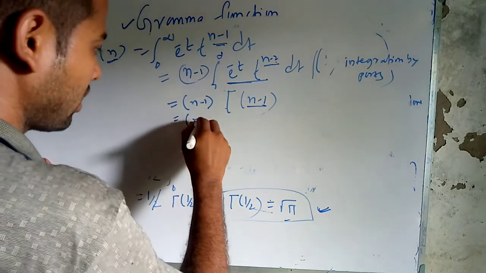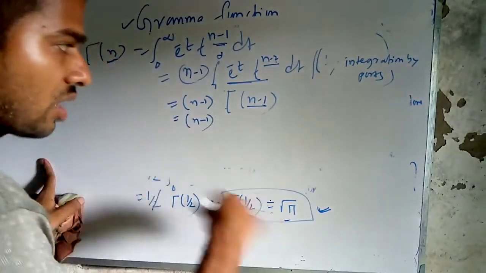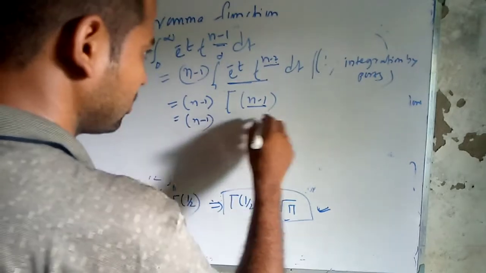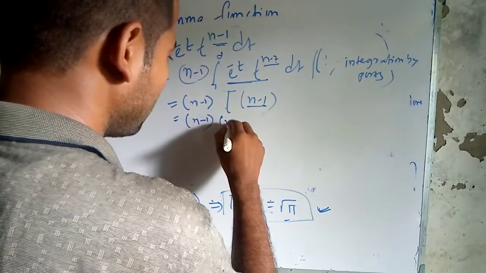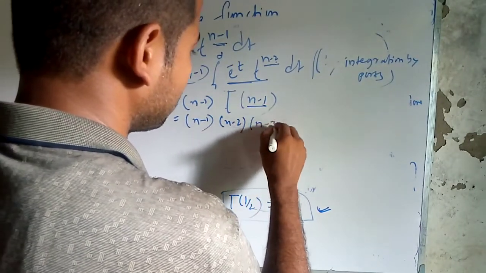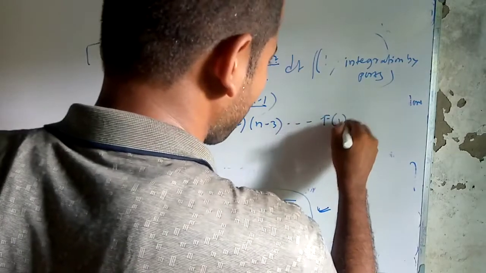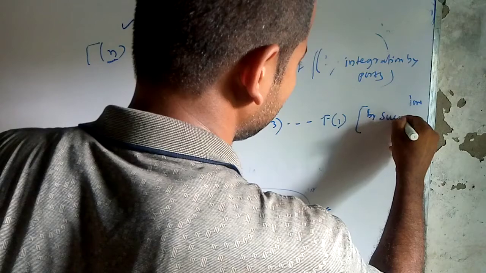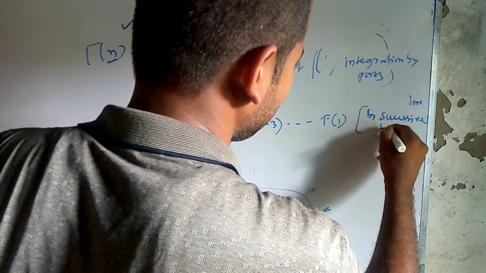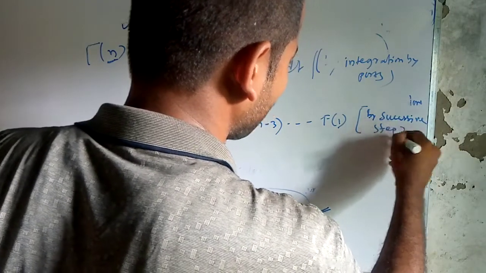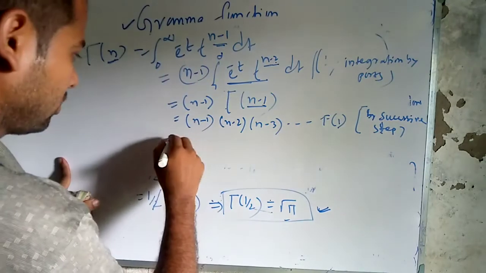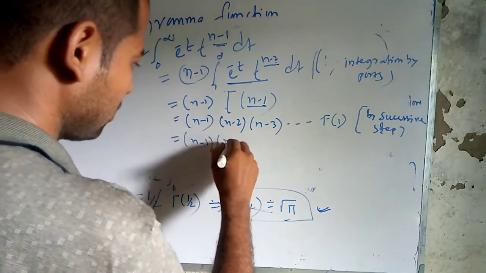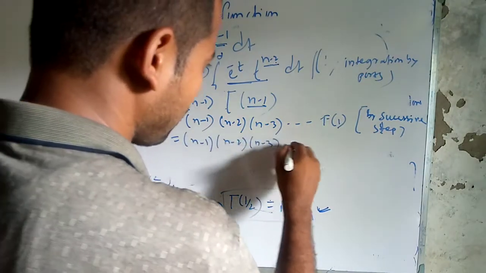By successive integration by parts, it can be written as n minus 1, n minus 2, n minus 3, and so on down to gamma function of 1, which equals 1.